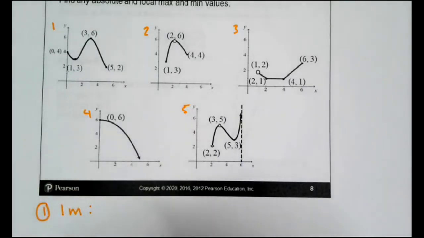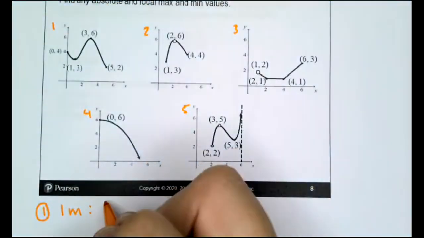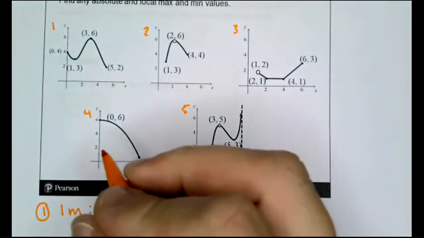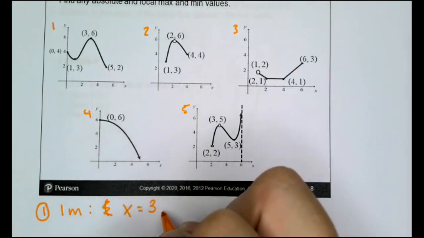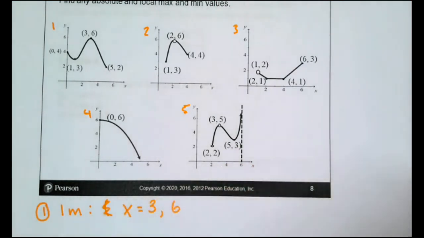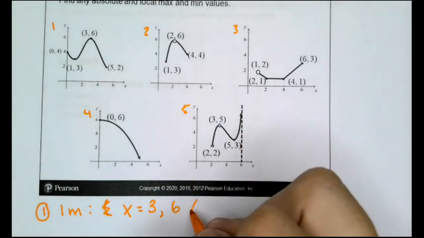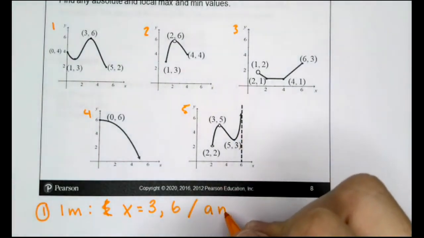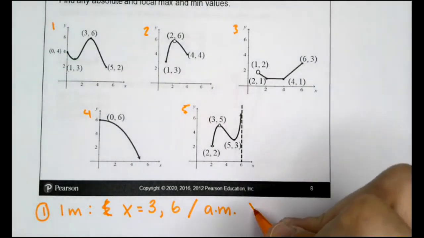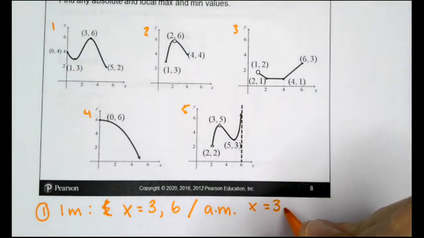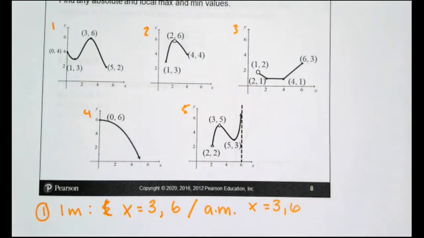The local max is X equals 3 at 6, okay? The absolute max is also X equals 3 at 6, okay?